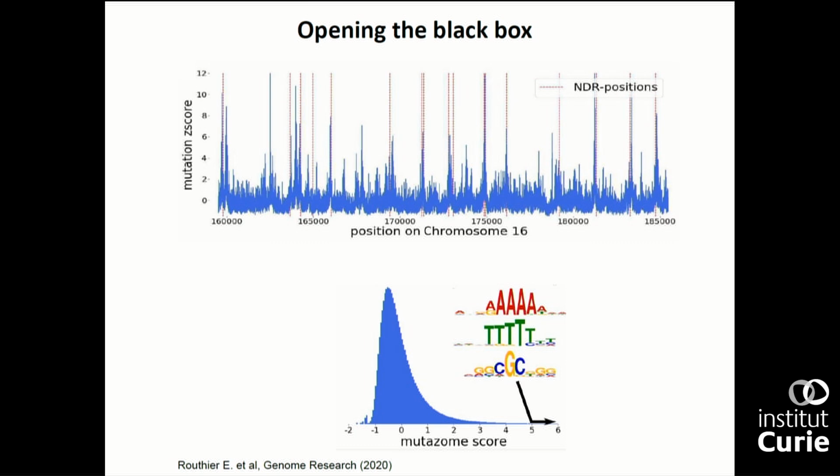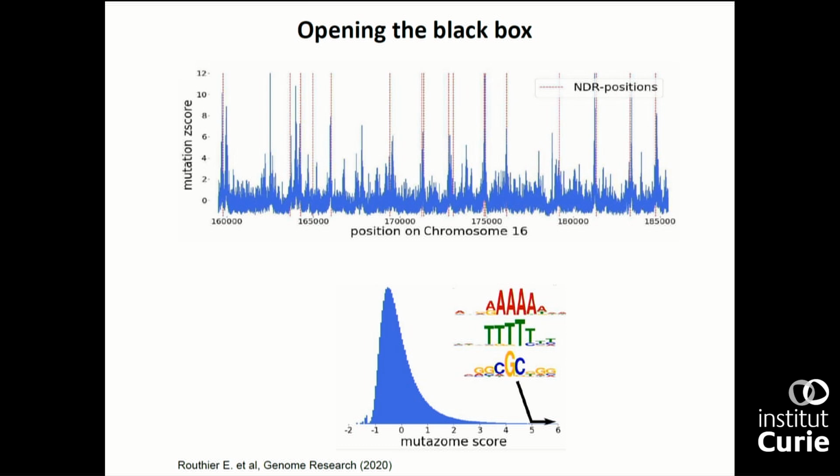So most of the time it's between 1 and -1. So that's a Z score. And sometimes it peaks. And then if you look at where these nucleosome depleted regions are, they are the regions between the genes, the regulatory elements, if you remember.